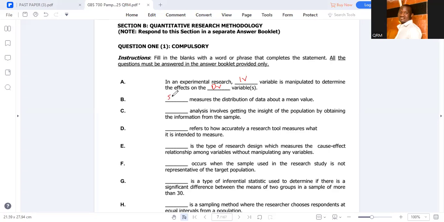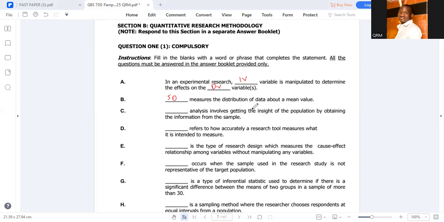If the standard deviation is small, what does it mean? The distribution about the mean is minimal. If the standard deviation is big, meaning information is scattered. All right.